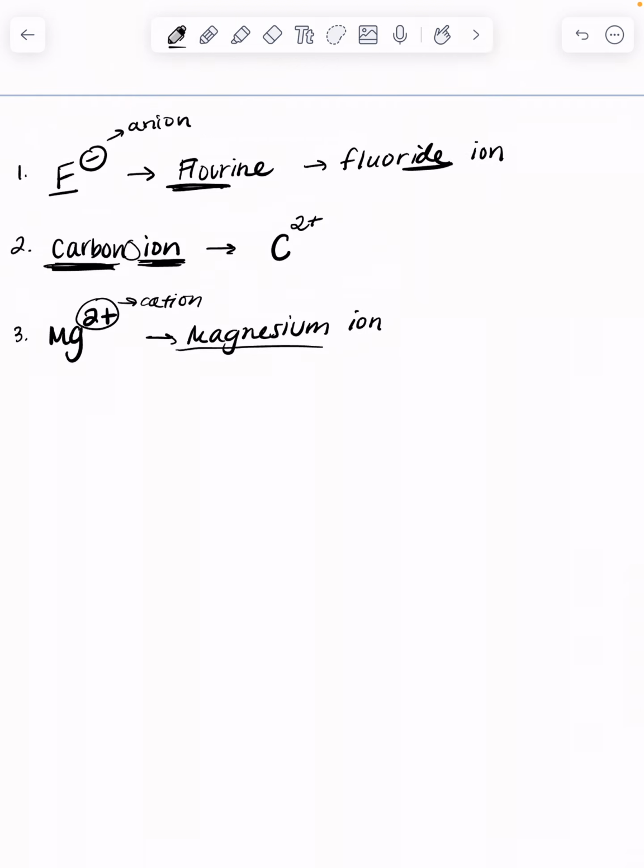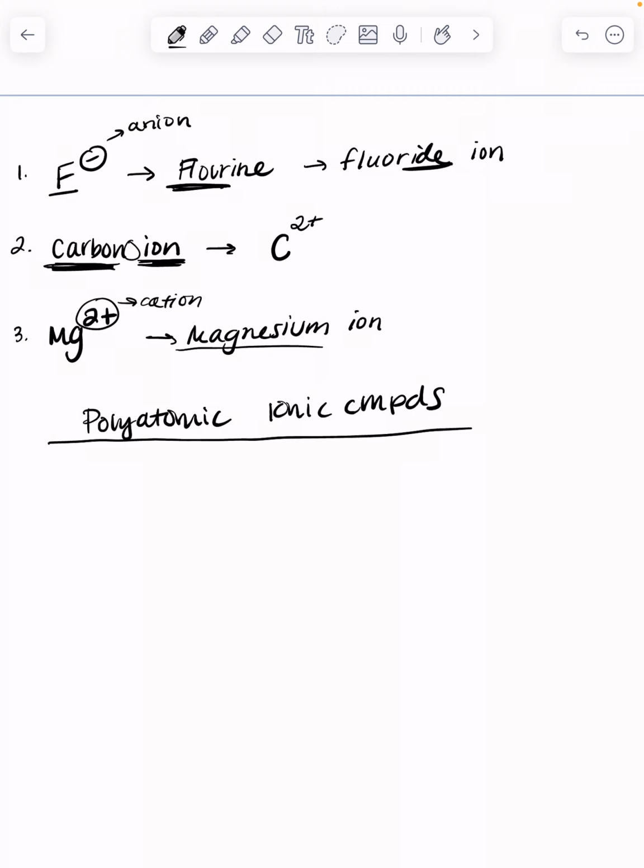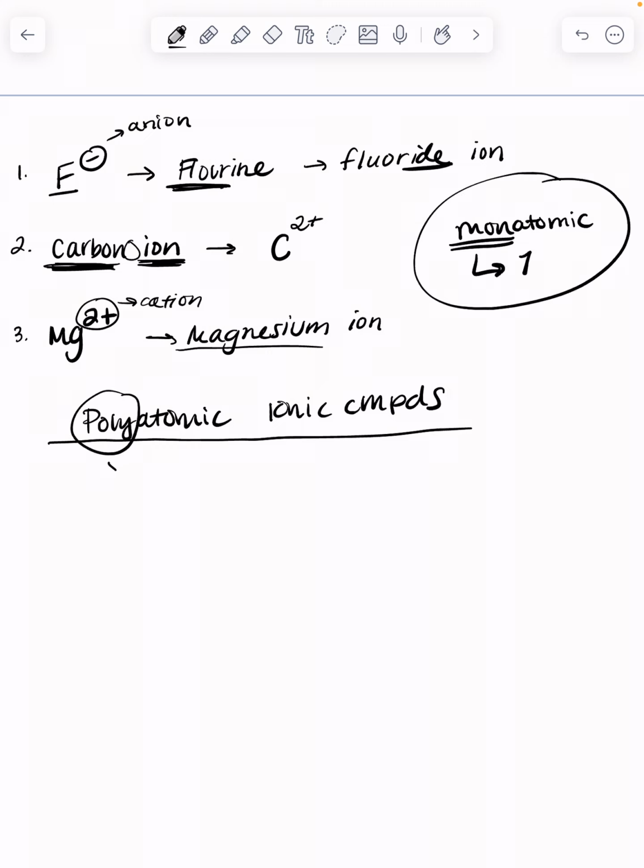So now I'm going to go over some of our polyatomic ionic compounds, how we name them, how they're different, and whatnot. So looking at this word, these were all monatomic. And if we remember, our prefix mon means one, right? These are poly. So this would be greater than or equal to 2 or more elements within each compound.